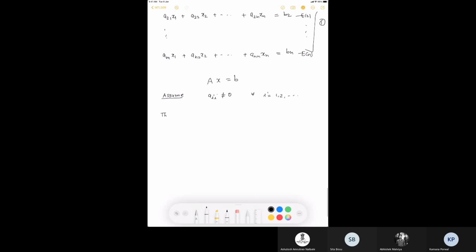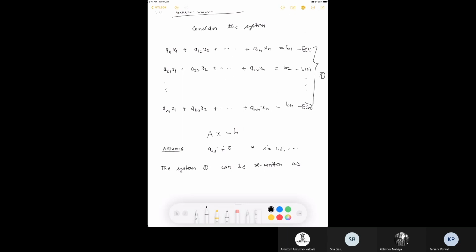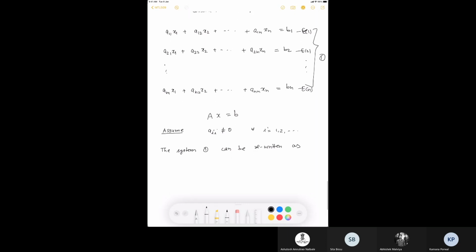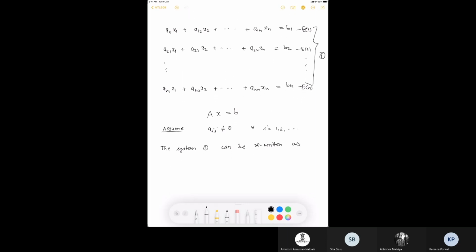The system 1 can be rewritten as, so from the first equation, that is E1, I'm solving for X1. I'm taking all the other variables to the right hand side and then dividing by A11.